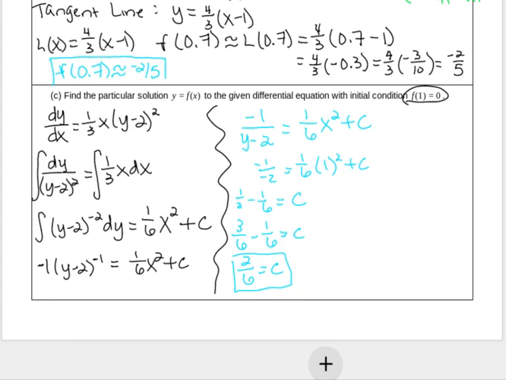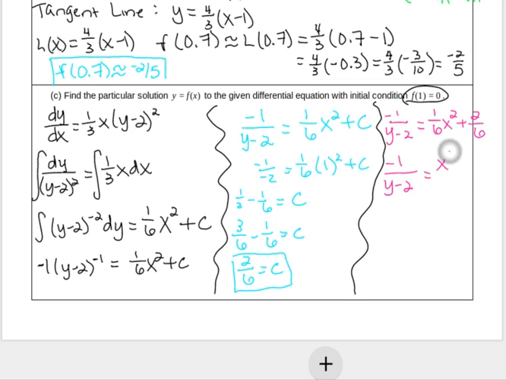Now our final step is going to be to actually solve for y. So I'm going to go back to this step up here, negative 1 over (y minus 2) equals 1/6 x squared plus 2/6. Now you could simplify that down to 1/3. You definitely could. But when I do these problems, I always like to have a common denominator so that I can easily solve. So negative 1 over (y minus 2) is equal to (x squared plus 2) over 6.